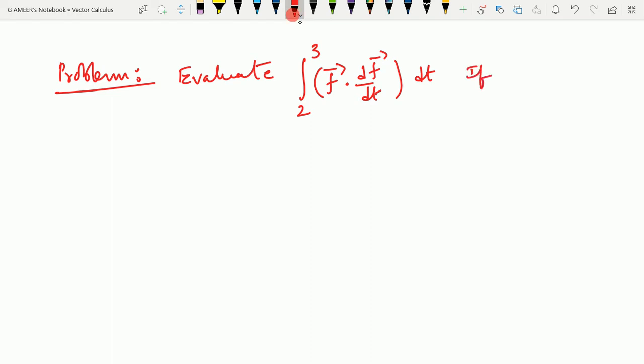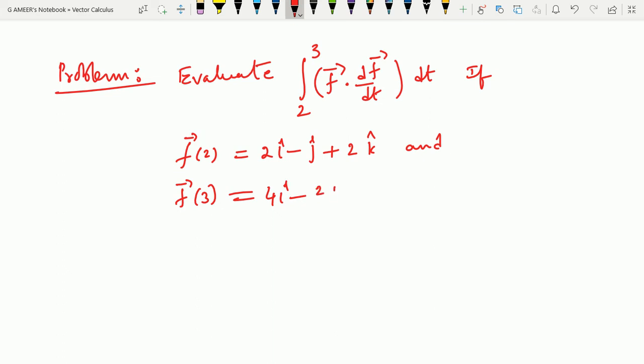If f of 2 is equal to 2i minus j plus 2k, and f of 3 is equal to 4i minus 2j plus 3k.